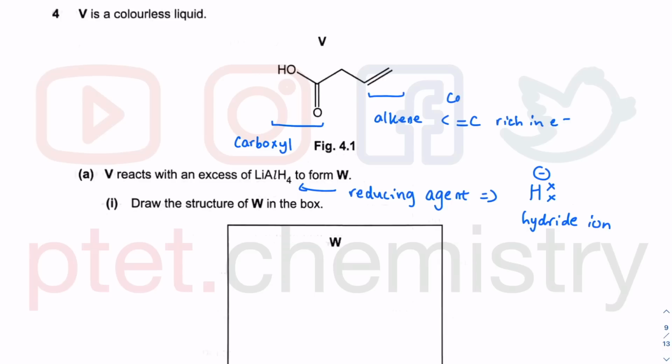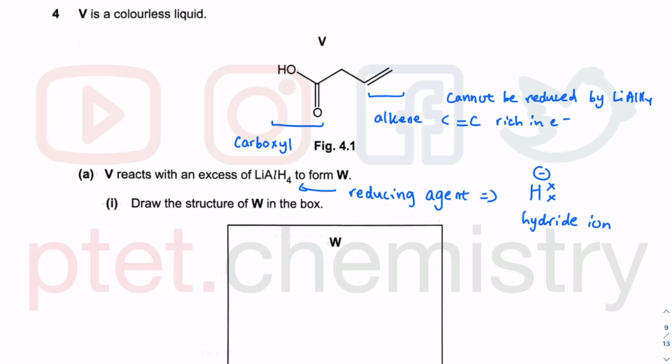So it cannot be reduced by lithium aluminium hydride, because negatively charged electrons and negatively charged hydride don't like to come even close to each other. To reduce alkenes, you have to use hydrogen and platinum or nickel catalyst, but hydrogen and platinum or nickel catalyst cannot reduce carboxylic acid. So it's like give and take there.